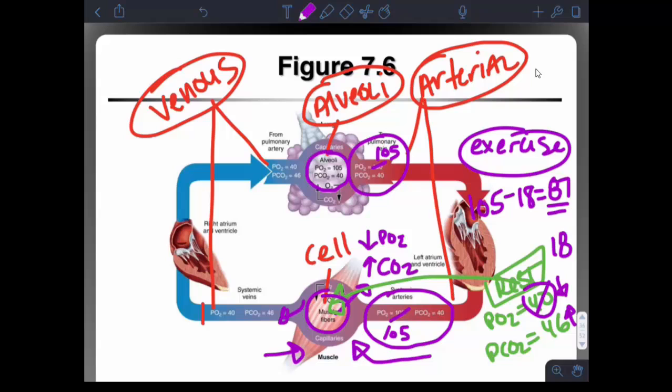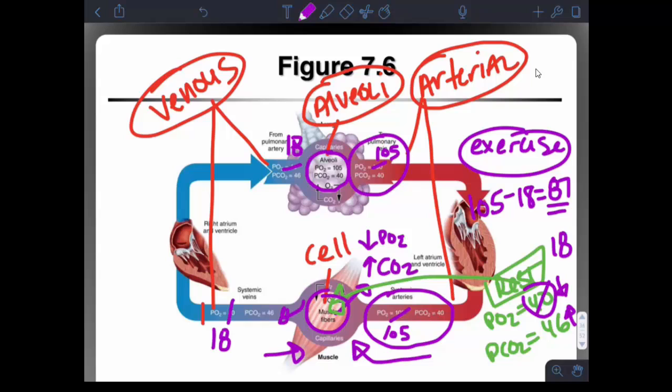And remember that this capillary blood equilibrates with the cell, so during heavy exercise we're going to end up with a PO2 as low as 18 in our venous blood. Okay? And therefore the PO2 coming into the lungs is also going to be lower. It's going to be 18.